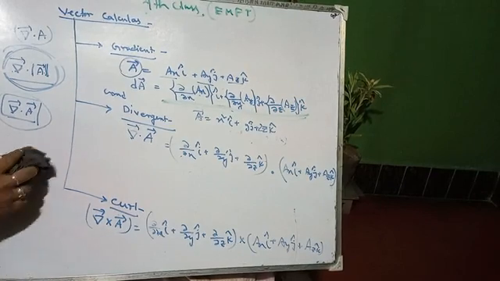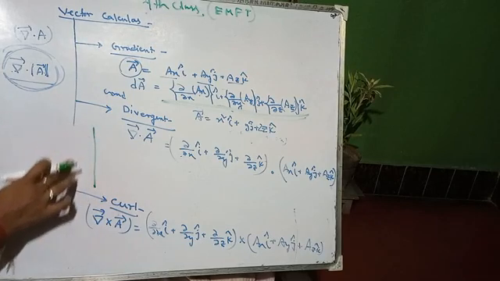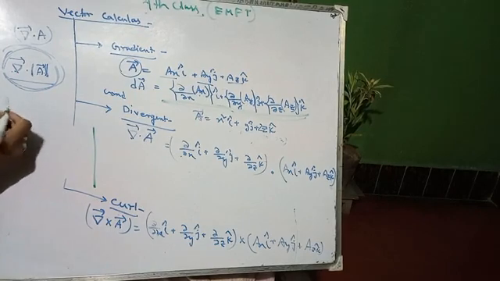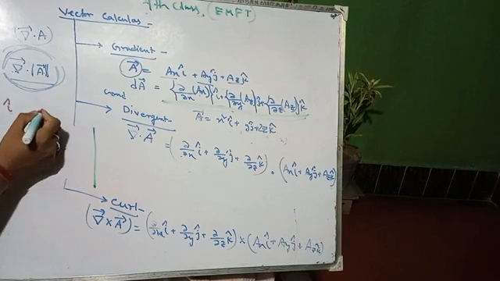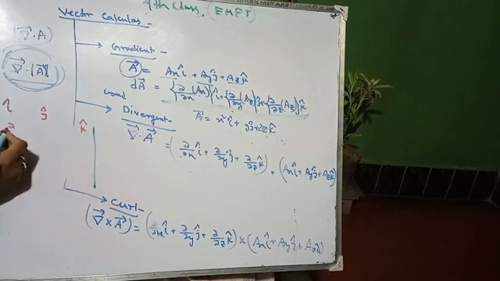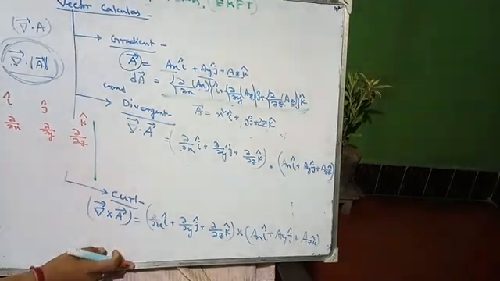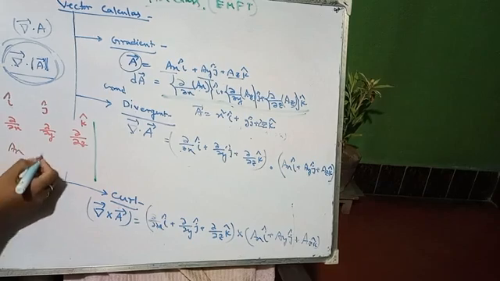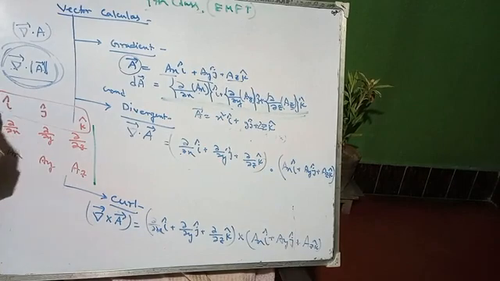or by the matrix method. So what is the method? Here we always write i cap, j cap, k cap in the first row.